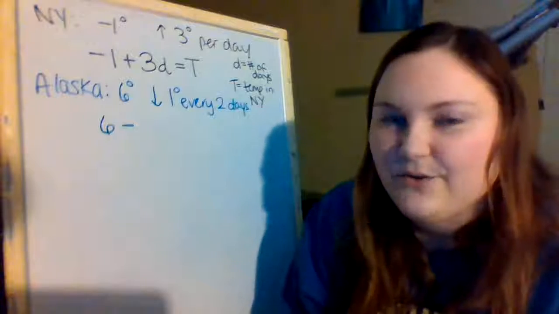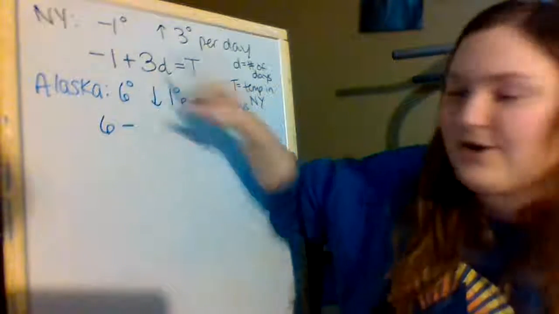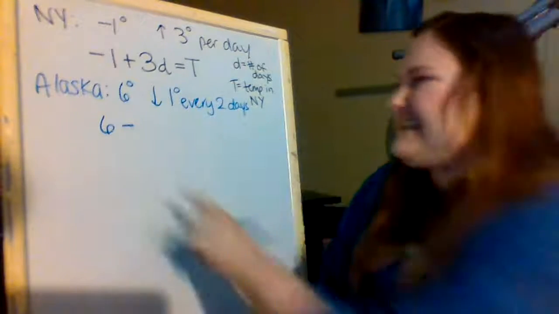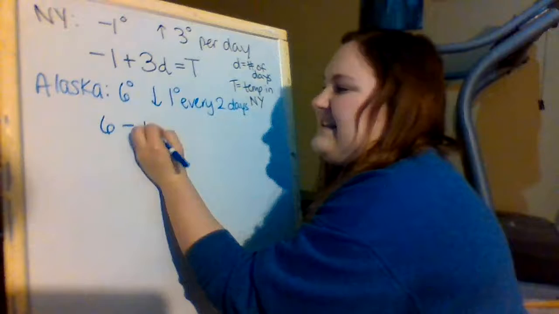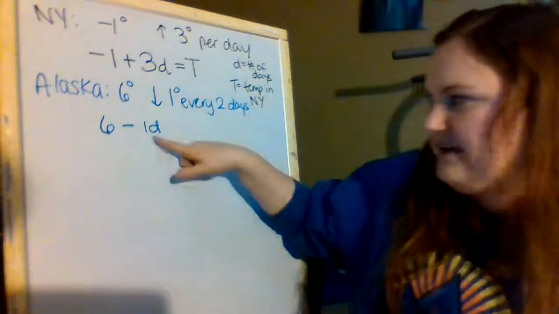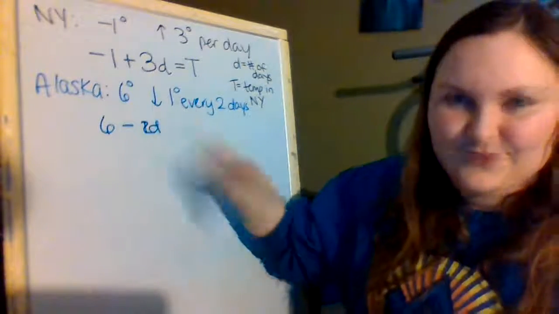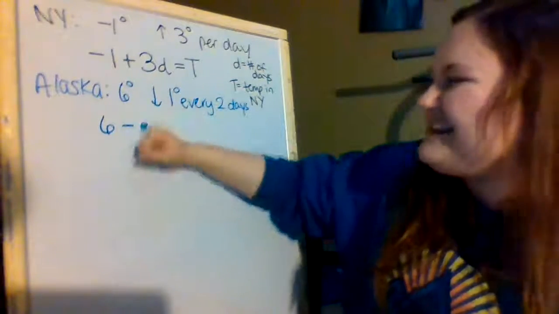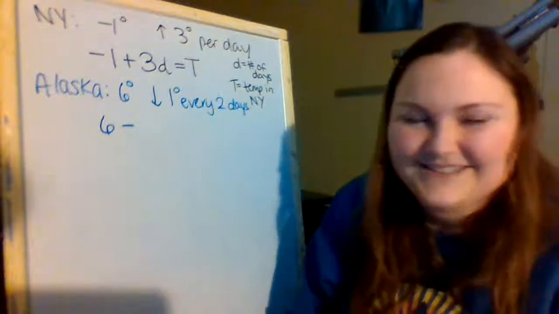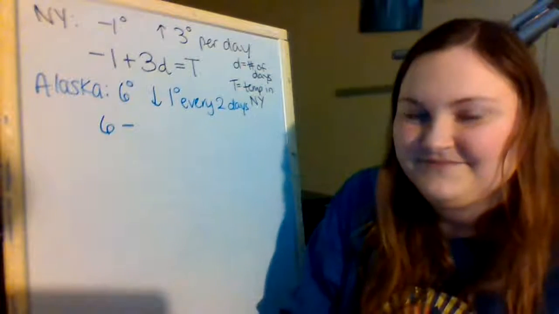When we're writing that equation, we need to know what the temperature changes for one day. They didn't give me this, so I can't say minus 1D or minus 2D, because minus 1D means it's falling 1 degree each day. Minus 2D means it's falling 2 degrees each day. And that's not what it's saying. It's saying it's falling 1 degree every 2 days. How much is that temperature falling every 1 day then?